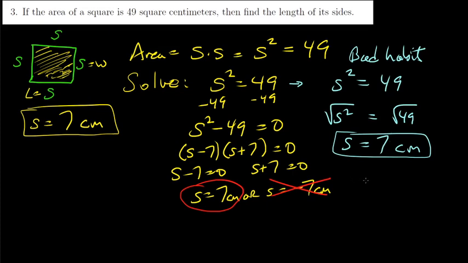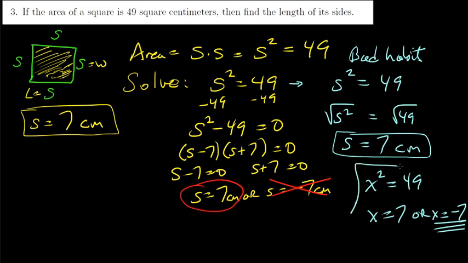Because if the question was to say, just solve this equation, and you only write down x equals 7, then you're only getting half credit because there's 2 answers. There's x equals 7 or x equals negative 7. So you're missing the negative 7. Right? Now, I know in this problem, we crossed out the negative 7, but in this problem here, there's no reason to cross out the negative 7.